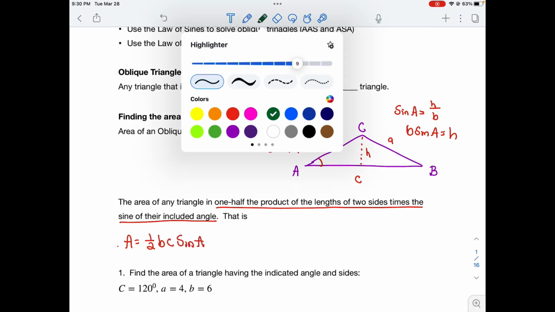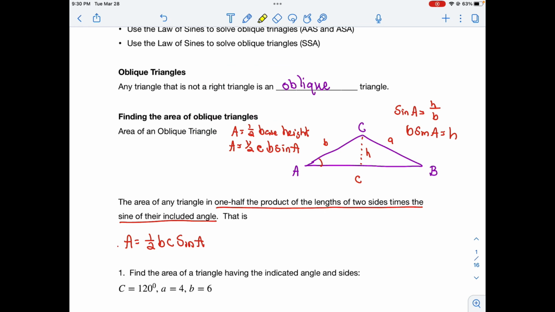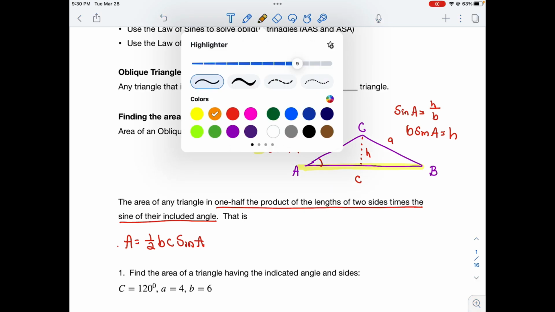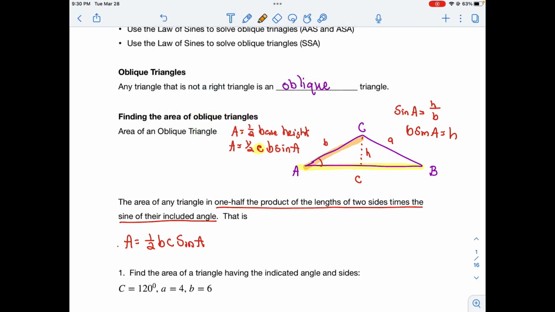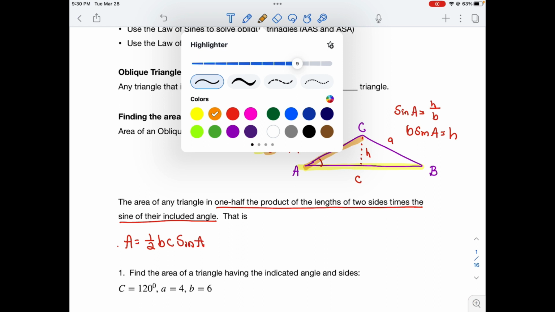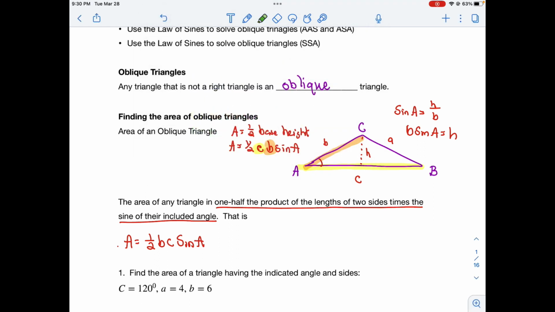So notice the key with this is the two sides I have to use, this side c and this side b here, form the angle that I'm finding the sine of, so sine of angle A. They form the legs of that angle we look at. It has to be in this form in order to use this formula for finding the area of an oblique triangle.